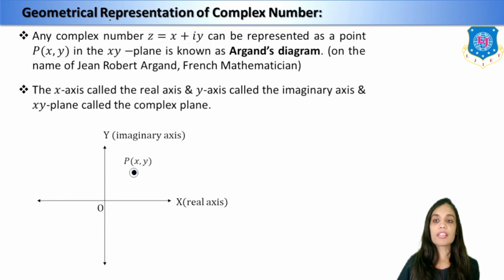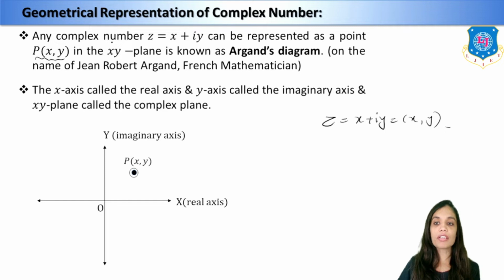Next, let us study the geometrical representation of complex numbers. So how can we represent the complex number in the xy plane? So let us study that. A complex number z equals x plus iy can be represented as a point P of x comma y. We know that the complex number x plus iy is an ordered pair x comma y.